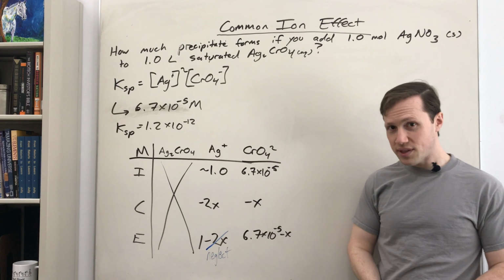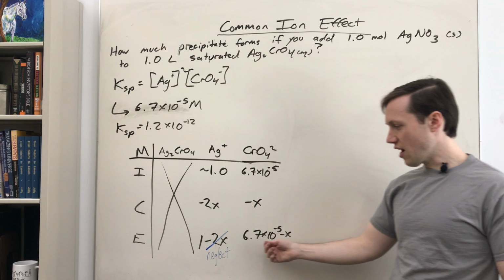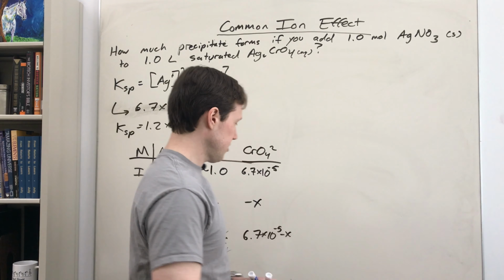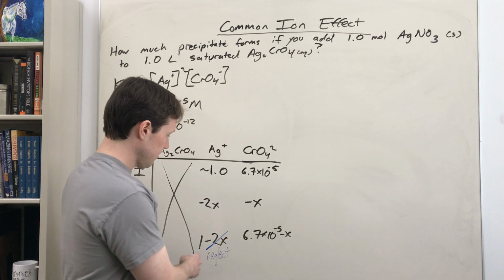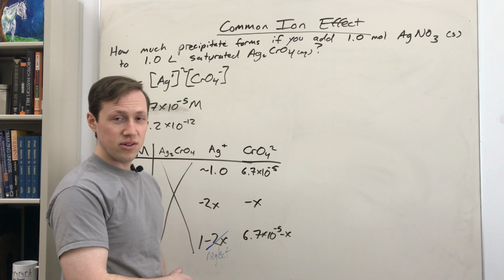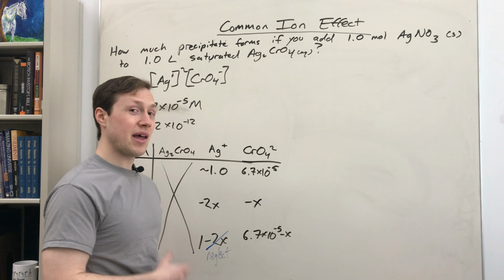Remember, that's not always guaranteed to be the case, but here, subtracting 6.7 times 10 to the negative 5 is the equivalent, at most, of subtracting something that's about 3 or 4 significant figures too small. Again, this number is truly, in the mathematical sense, insignificant.